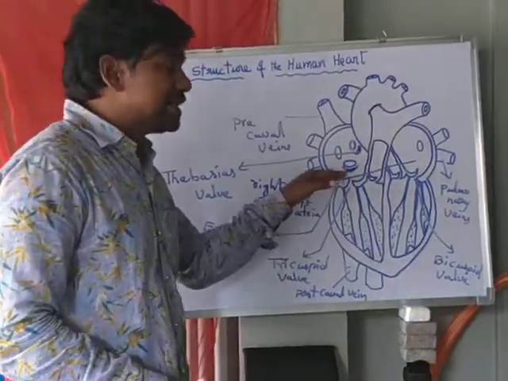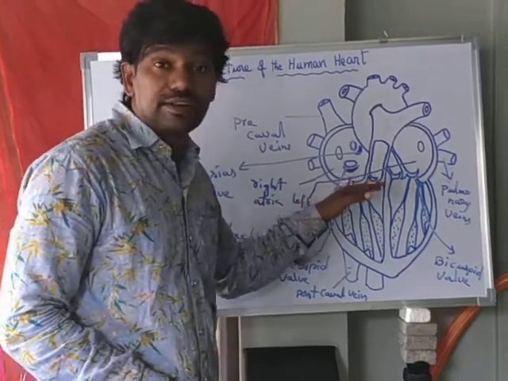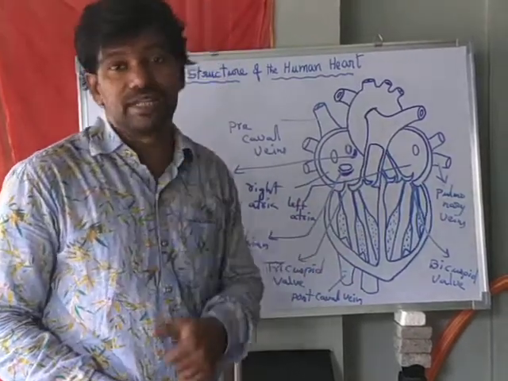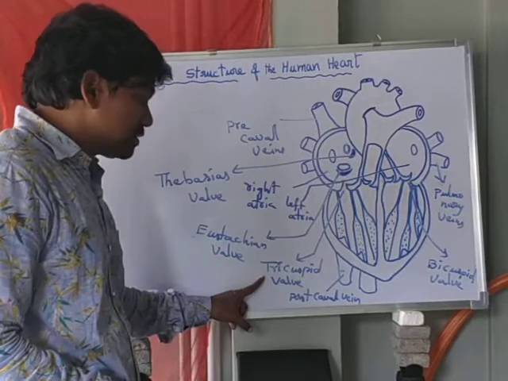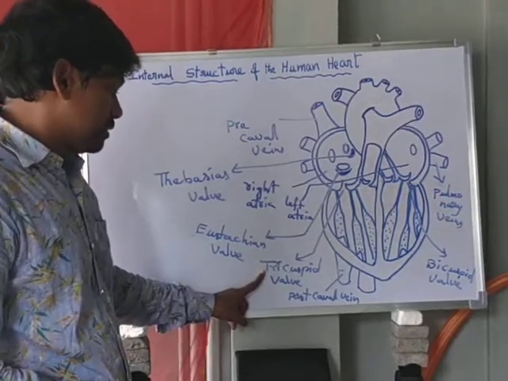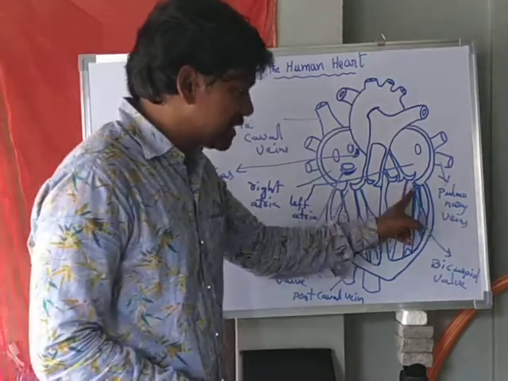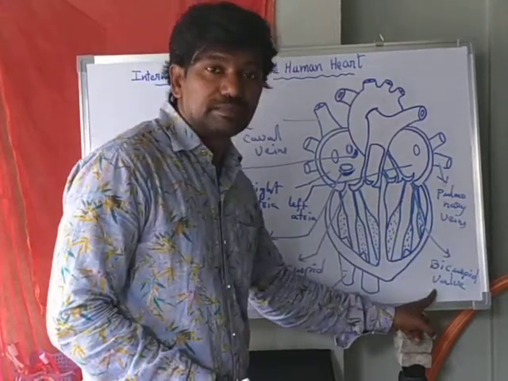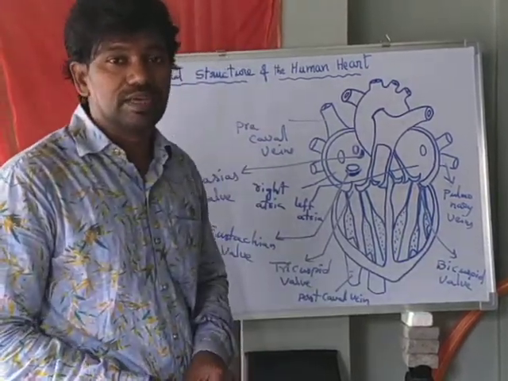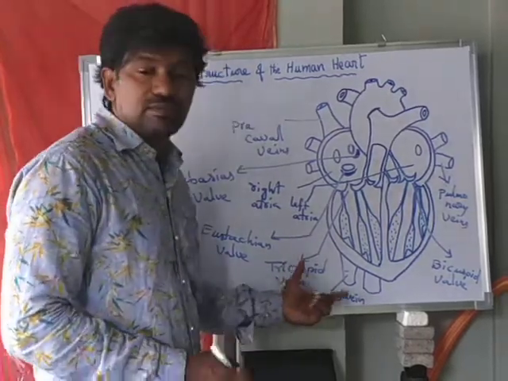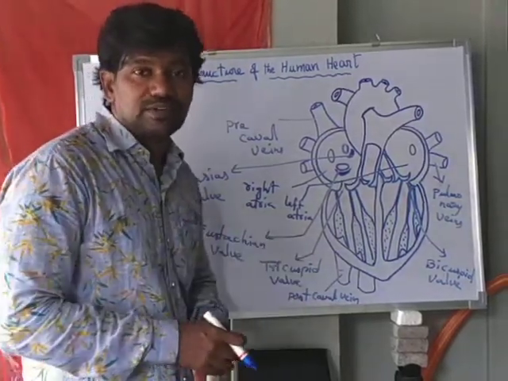So the atrioventricular septum has two apertures: the right side opening is guarded by the tricuspid valve, and the left side opening is guarded by the bicuspid valve. These valves prevent the backward flow.